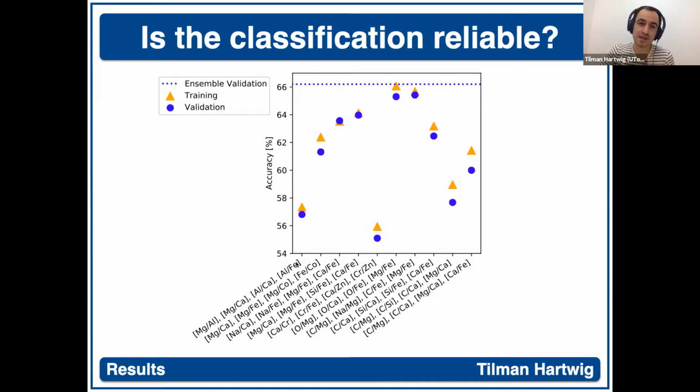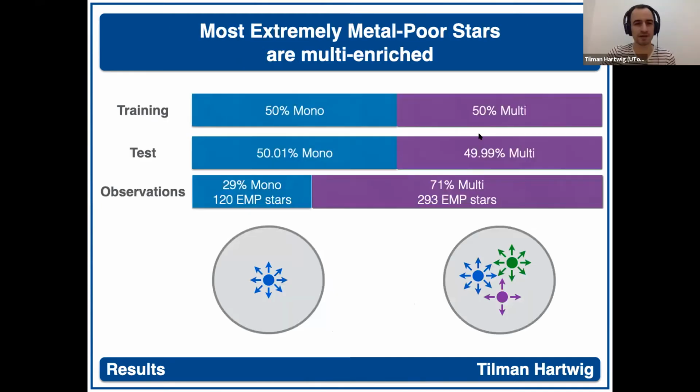At the bottom you see, in no specific order, the 10 support vector machines that we use, and the 4 abundance ratios that each support vector machine is based on. This may look arbitrary to you, but this selection and combination was the outcome of the optimization process. So we tried our best, we reached 66% accuracy, and now let's look at the results.